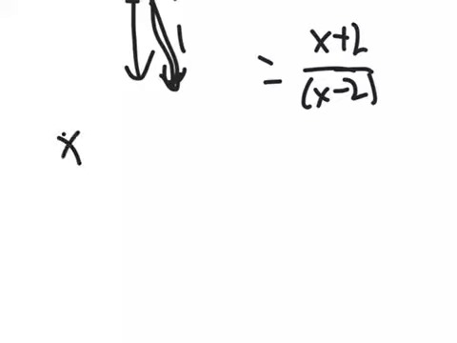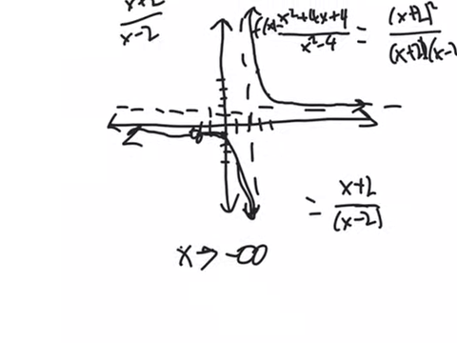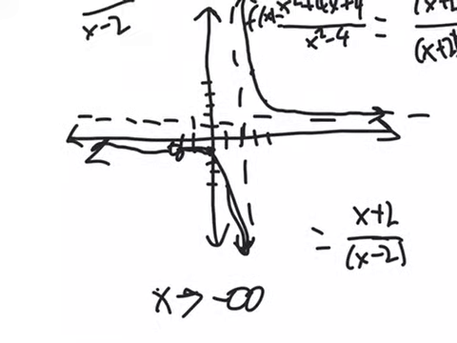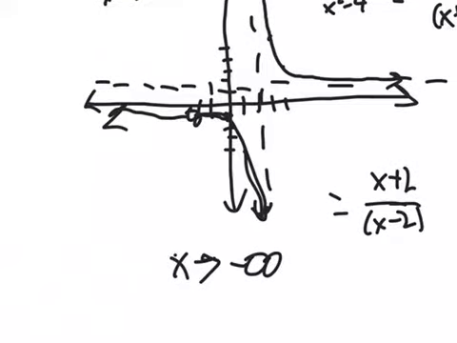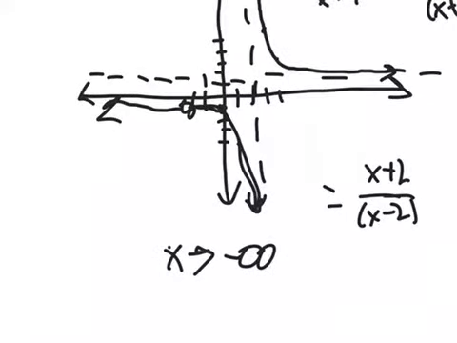So as x approaches negative infinity, y approaches the horizontal asymptote, which would be 1.